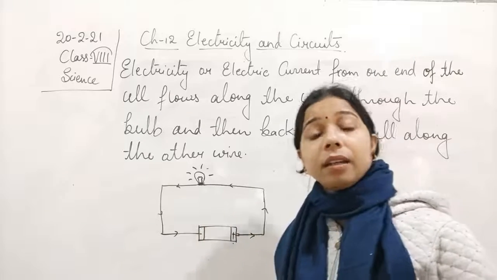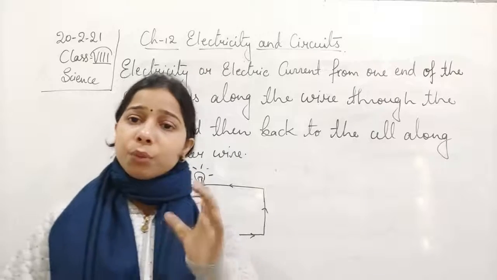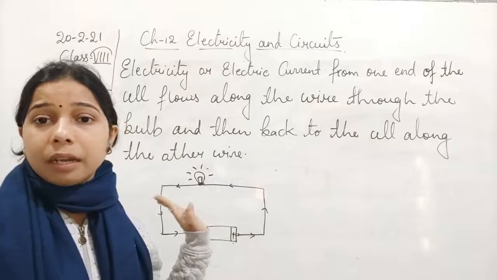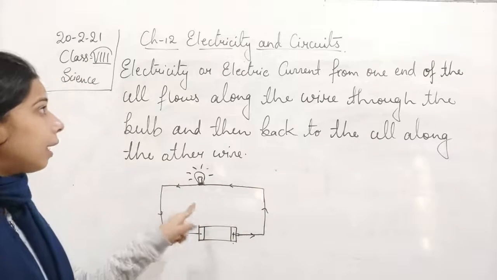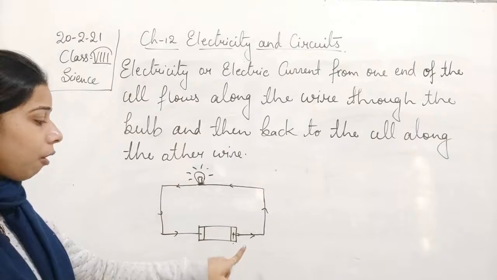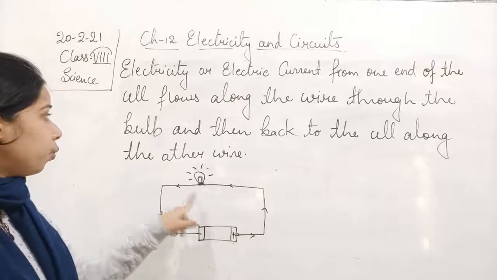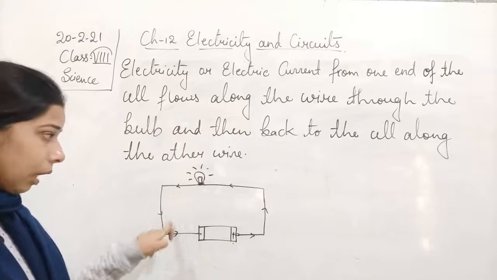The connecting wire is carrying the electricity, the electric current is flowing through the connecting wire itself. So the electricity or electric current from one end of the cell flows along the wire through the bulb, and then it comes back to the cell along the other wire.